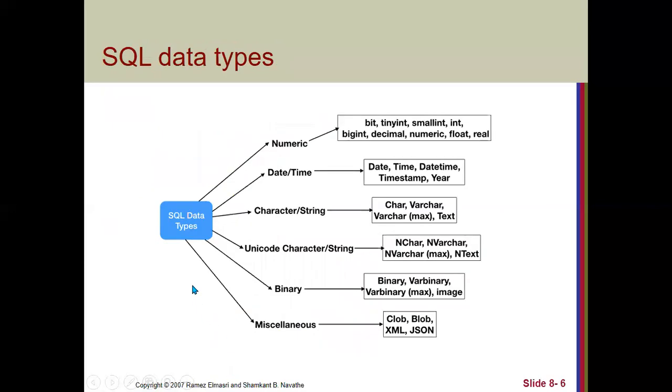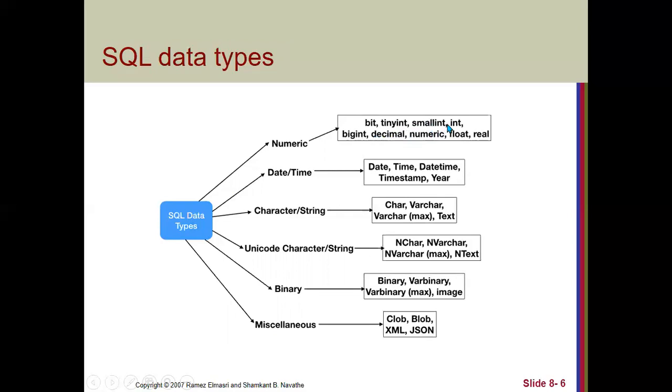Okay, this will bring us to the data types in SQL, which are the domains for the attributes. We have different types in SQL. We have, for example, numeric. It can be bit, 0, 1, whatever. Tiny integer, really short in C++ for example, or short in Java.